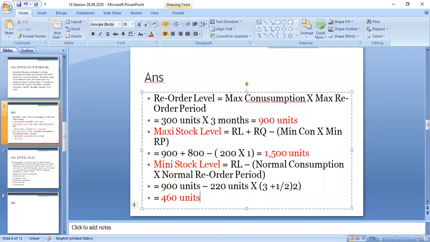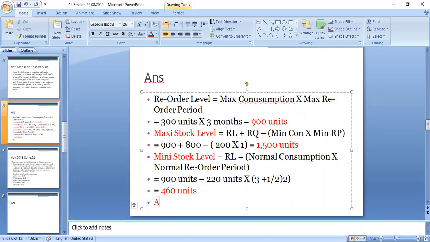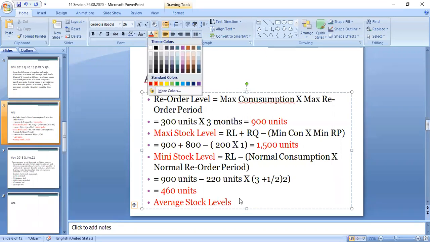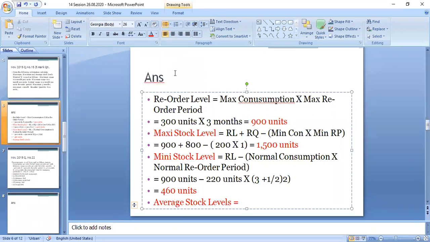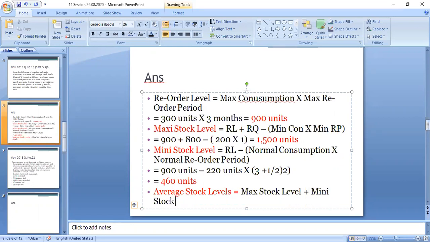Now you can go with the average stock level. Average stock level, you can apply any one formula. Average stock level is equal to maximum stock level plus minimum stock level divided by 2.